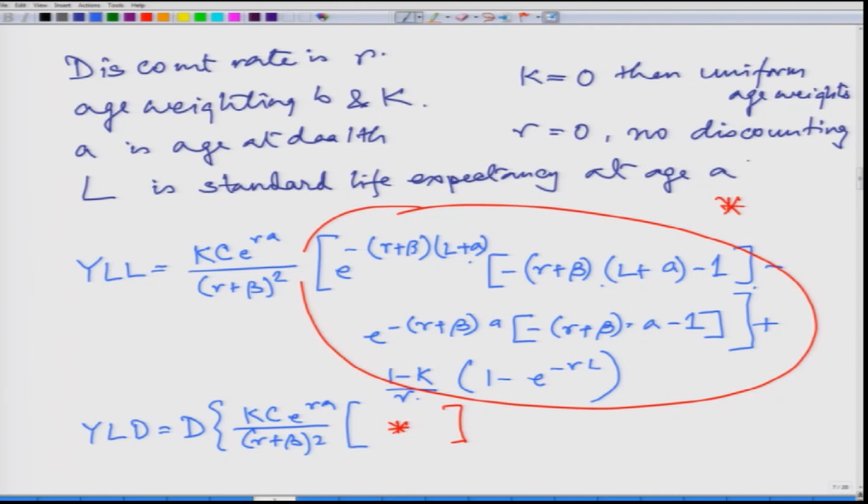Once you have DALYs for different diseases and different programs, the unit remains the same, years or months. You will say the DALY is 5, the DALY is 7, the DALY is 11. That is the standard way of saying this. And then you can compare between all the interventions and give your justifications for how you want to use the money and where exactly. Thank you.